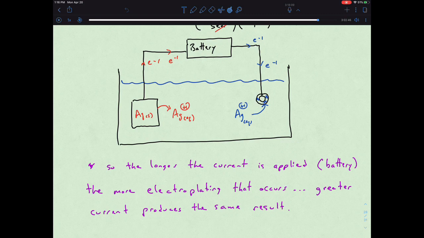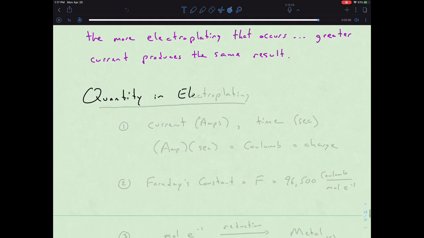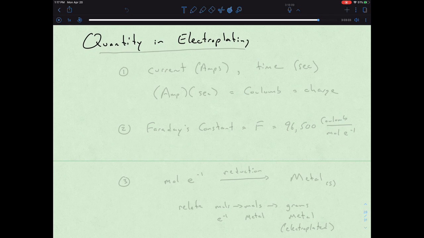So the relationship that we can get into play as far as then looking at quantity, it's really dependent on two things. One that we've already talked about. One is the current, and the other is time. Right? We talked about our current in terms of our amps, and then time in terms of seconds. And so that produces the notion of charge.